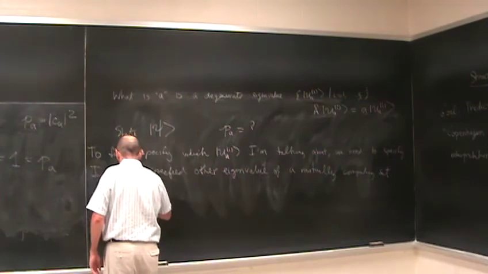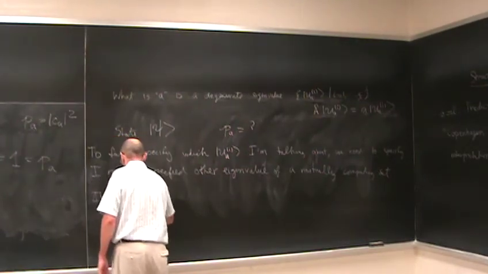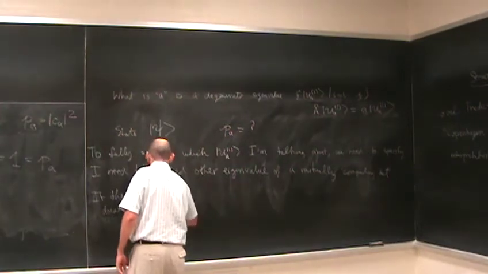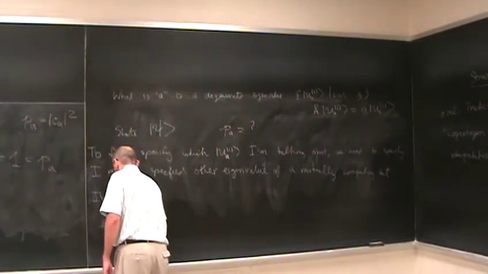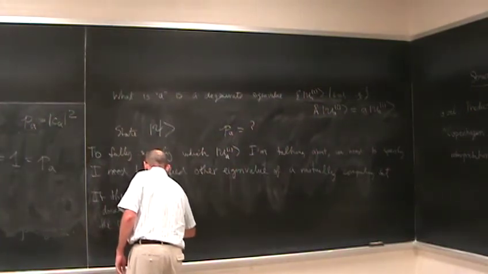If the device doesn't measure the other observables, well, it doesn't know which one it got.